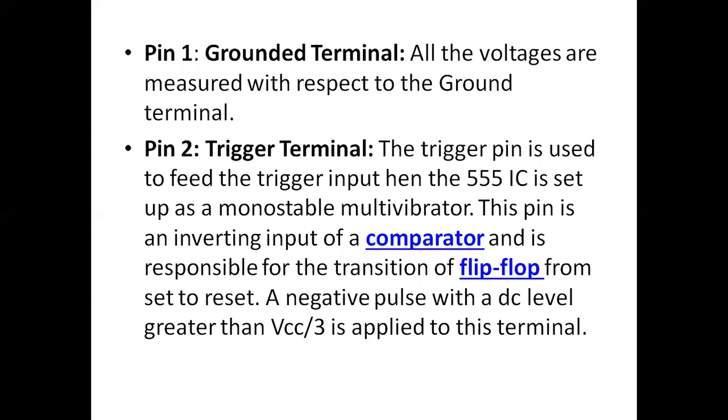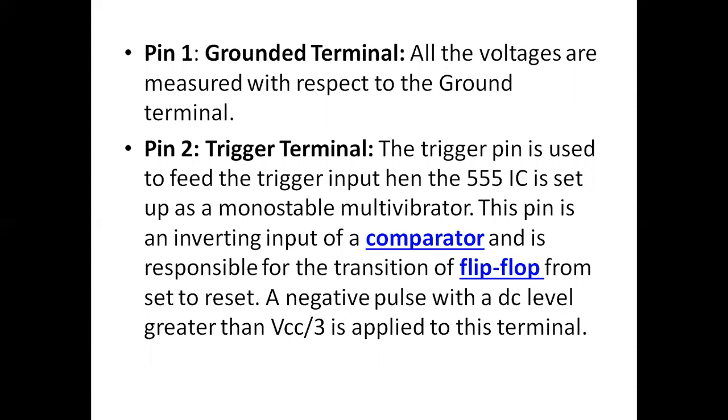The inverting terminal of comparator 2, which is compared with VCC by 3, is nothing but the trigger input. So at pin number 2, when the trigger input is slightly less than VCC by 3, the comparator 2 output goes high. So this output is given to the reset input of the RS flip-flop. So this is the internal operation which we will discuss in later slides.